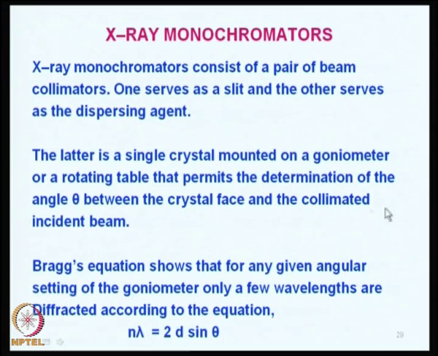That is the angle between the crystal face and the collimated incident beam. So, Bragg's equation shows that for any given angular setting of the goniometer, only a few wavelengths are diffracted, according to n lambda is equal to 2 d sin theta, which I have explained just now.